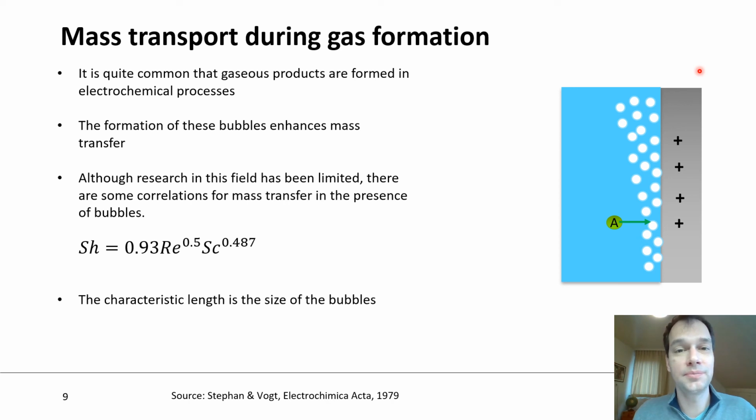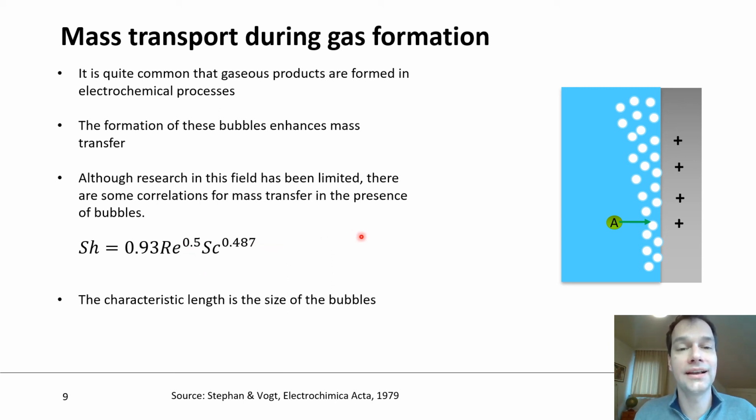So this is a topic that actually has not seen a lot of research, and so the understanding of how this works is quite poor. There has been some work, and some persons have reported a correlation for that. So you can see here the Sherwood number is related to the Reynolds number and the Schmidt number, but now with these powers.